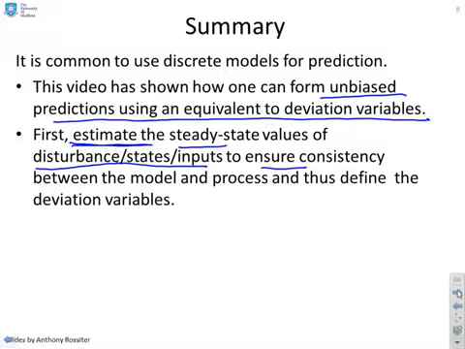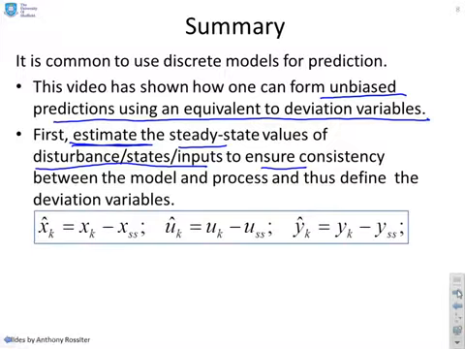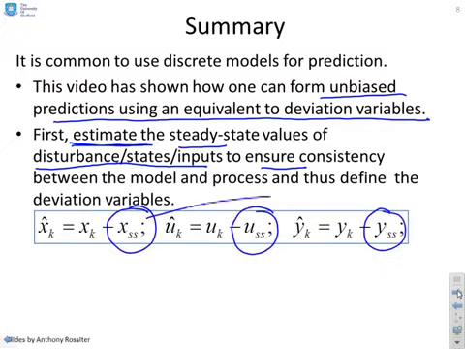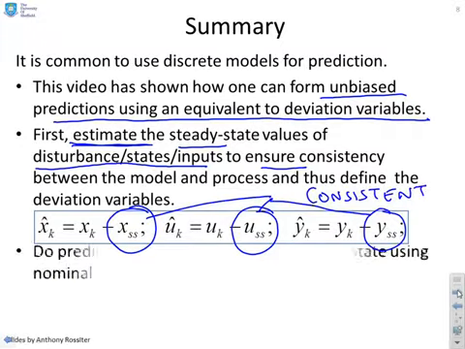Once you've got those estimates, you can define your deviation variables, but the key thing here is it's reliant on these estimates. These estimates have to be consistent. So your predictions will only be unbiased if the estimates for XSS, USS and YSS are consistent.